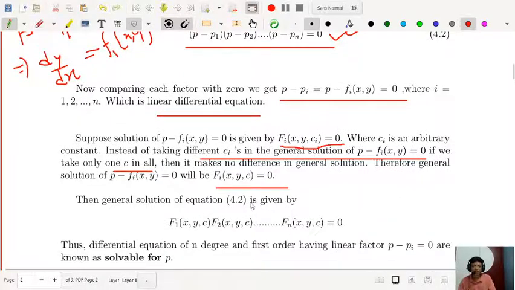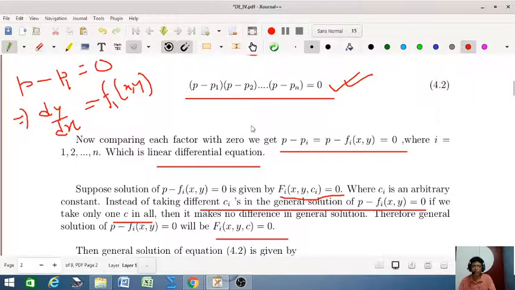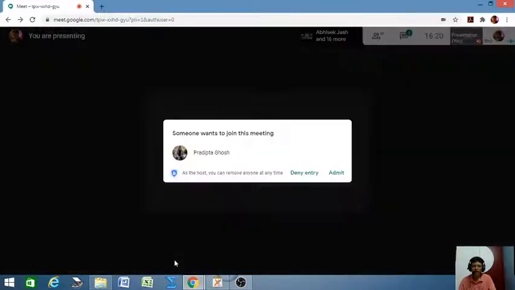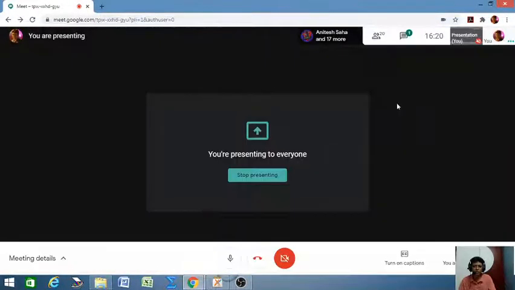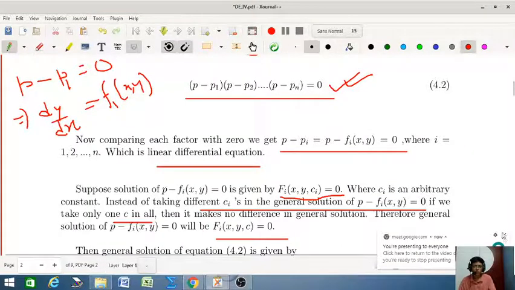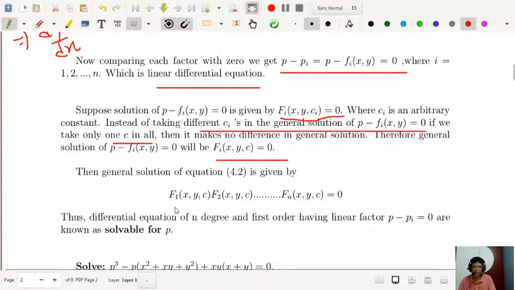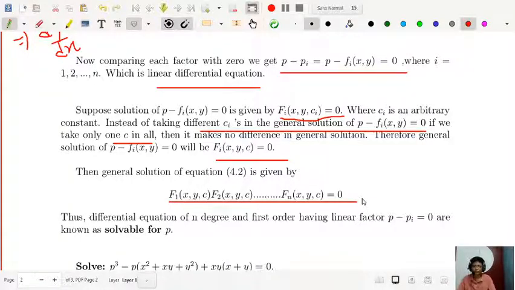So the general solution of this combined equation is given by f1(x, y, c) f2(x, y, c) ... fn(x, y, c) equal to 0. So this is the general solution.